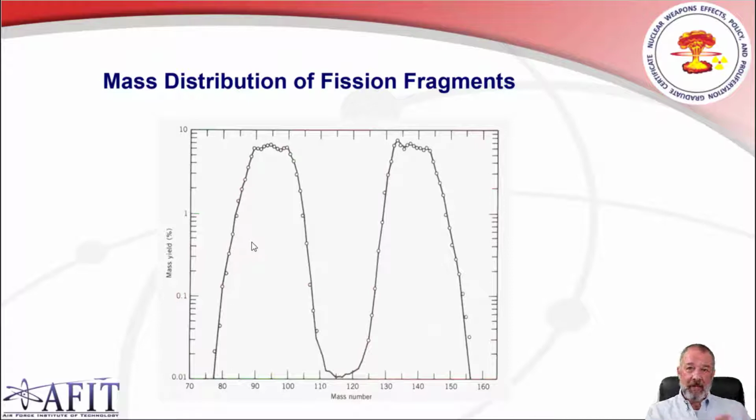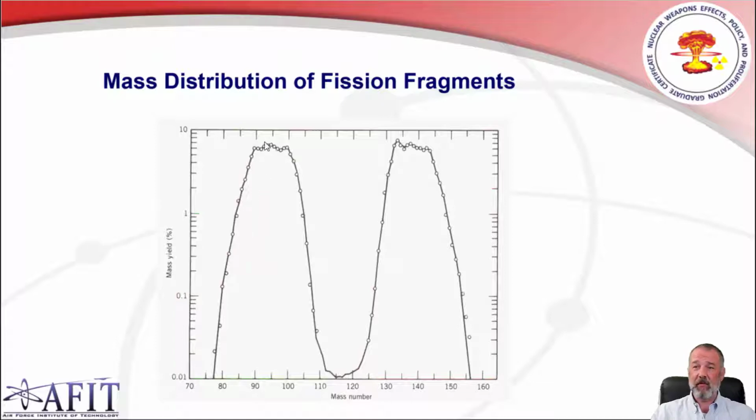Now these fission fragments, they're not both the same. They're not identical, sitting right in the middle of whatever mass has to be divided. What they end up doing is you get a smaller one and a larger one, and that's demonstrated by this graph of the mass distribution of the fission fragments. So we notice that we have two lobes.